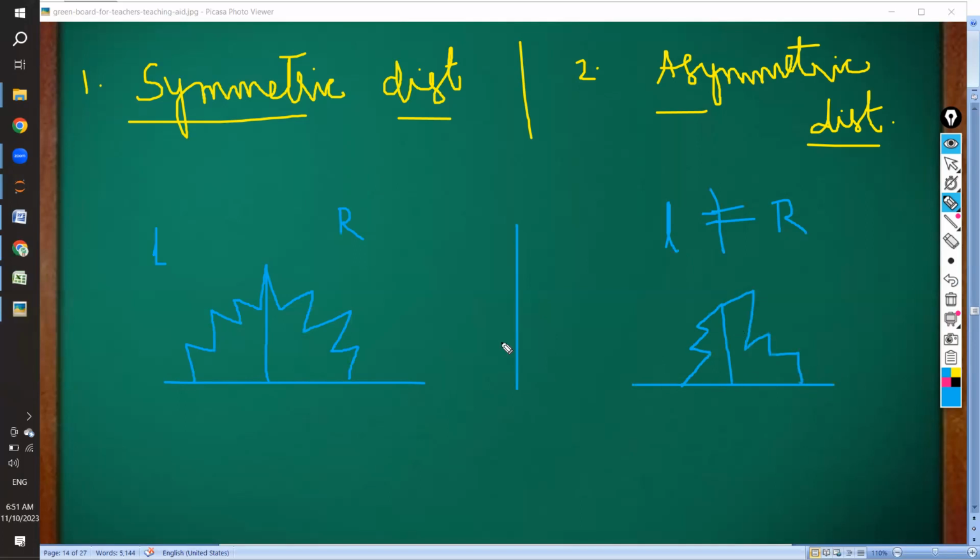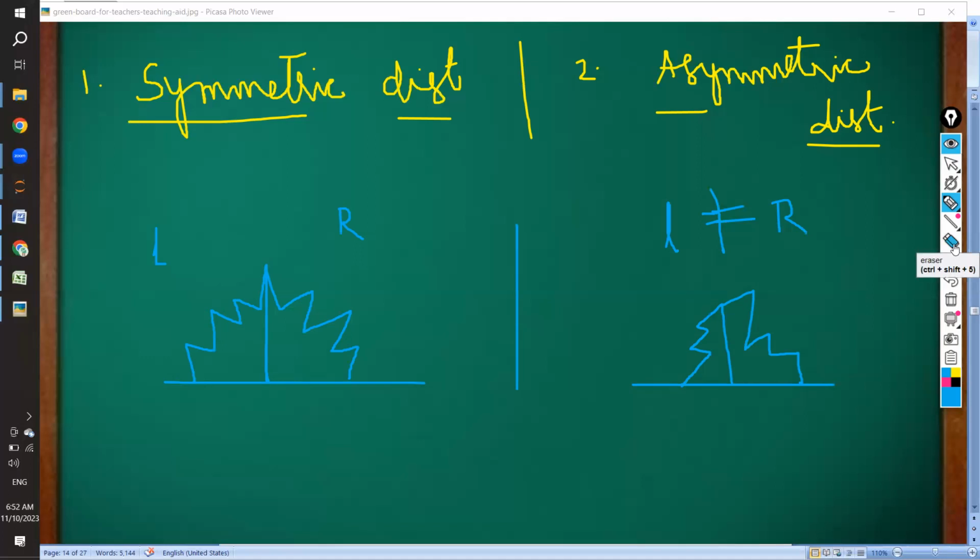If this is the mean, the average value, here the left side portion is the same as the right side portion. That is symmetric. But in the asymmetric, both sides will be different from each other.